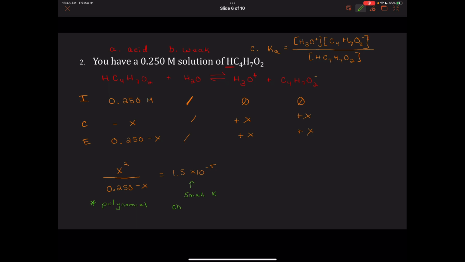It just means that it's so small that when we add or subtract it, it doesn't significantly change the value. And so we're going to check to see if X is negligible. And the way we do that is we're going to compare our equilibrium constant to our initial concentration. So we're going to take K and divide it by I. If it is less than or equal to 10 to the negative third, X will be negligible.